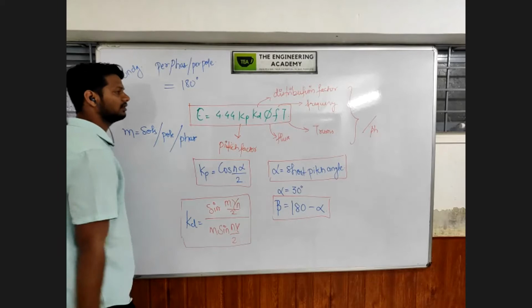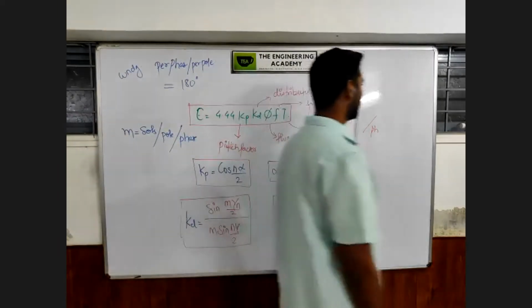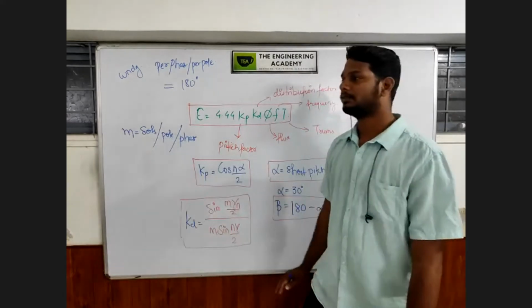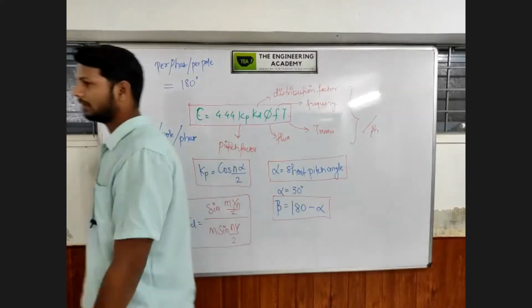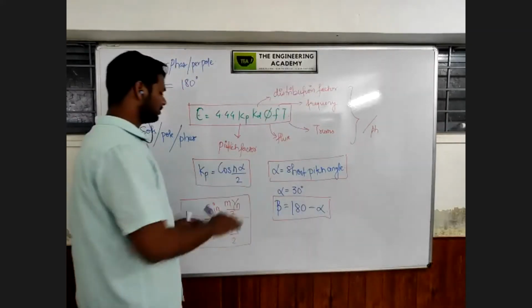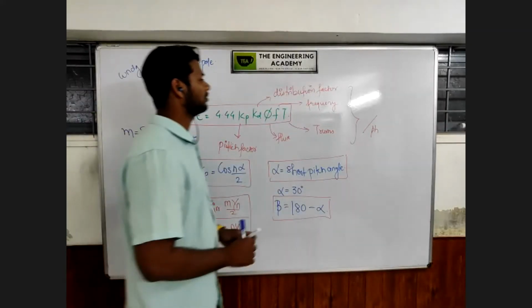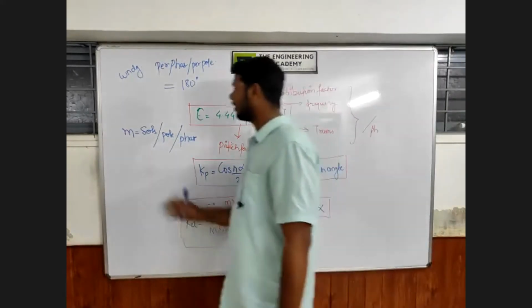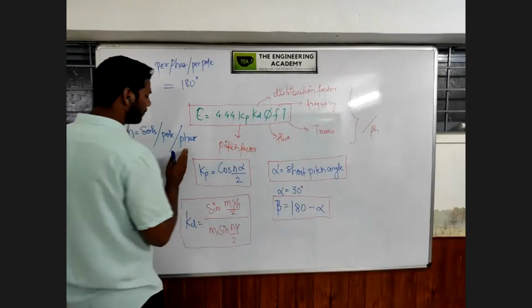Don't worry if some of you do not get how to use these formulas or how to calculate their values. There are two or three questions, and I will discuss those too. Then you will get confidence to solve this type of problem using these formulas.